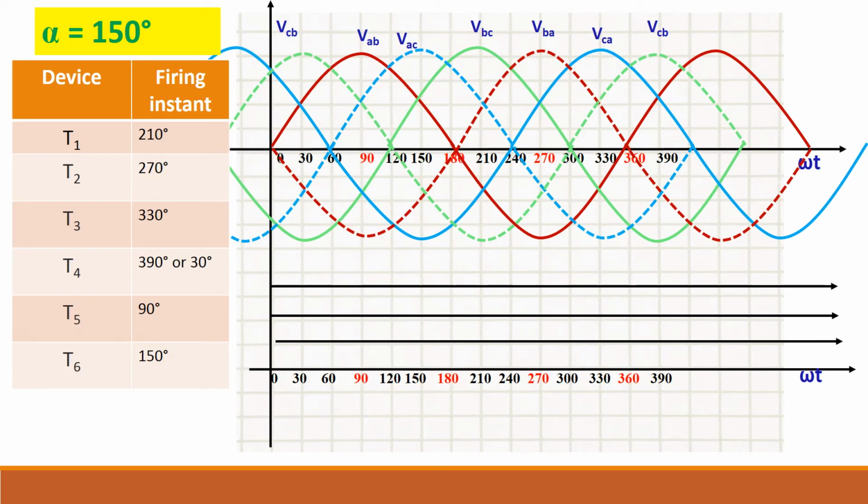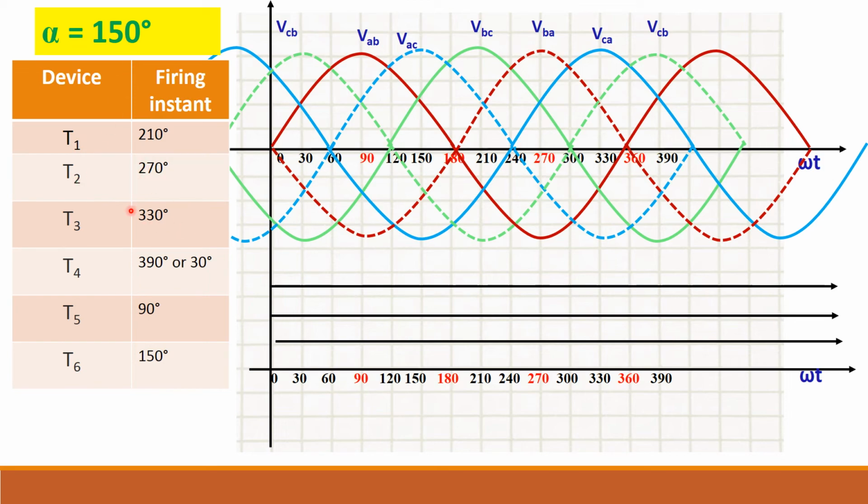Let us take alpha equal to 150 degree, and I have given the device and the firing instant. So how to find the firing instant? 60 degree plus alpha. So 60 plus 150 will give you 210 degree. Again for this one, 120 plus 150 will give you 270 degree.